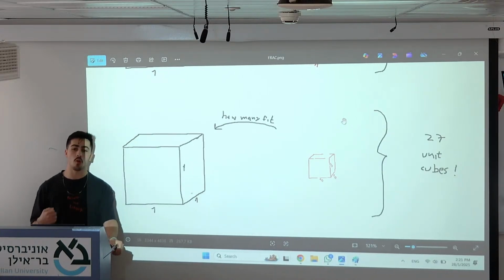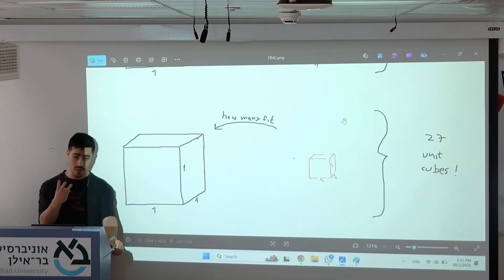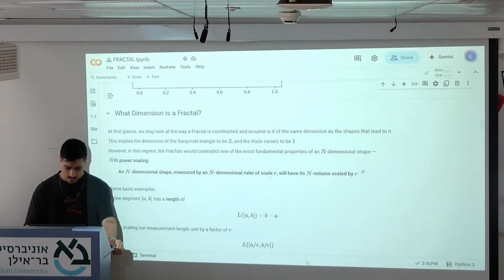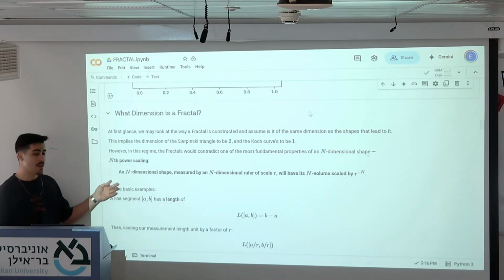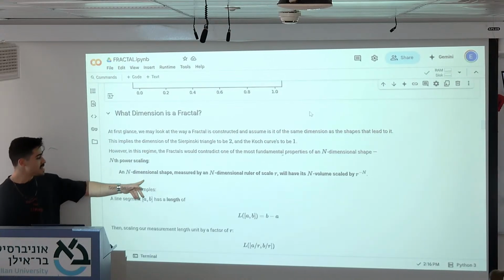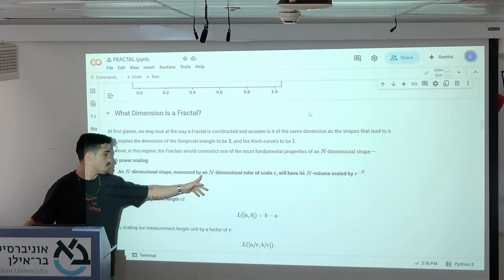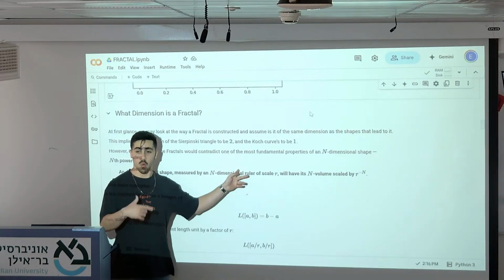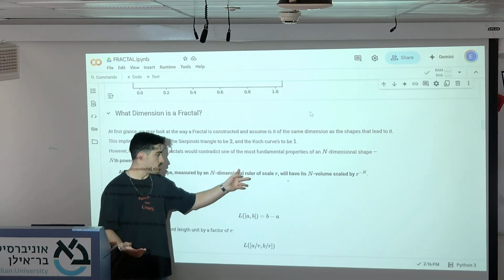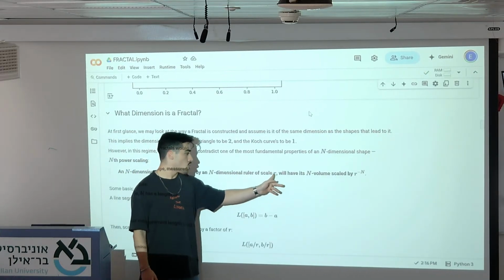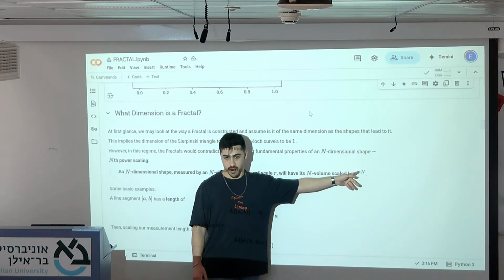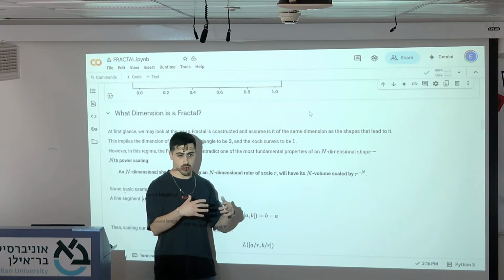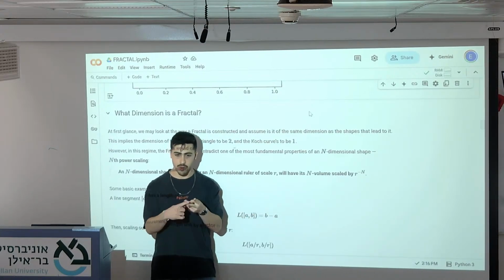That's 1/r to the 3rd, right, for 3 dimensions, okay? So this is a very fundamental property of n-dimensional shapes. An n-dimensional shape measured by an n-dimensional ruler, so a length, an area, a cube, of scale r will have its n-volume scaled by r to the negative n, where n-volume just refers to the volume in that space: length, area, volume, etc.